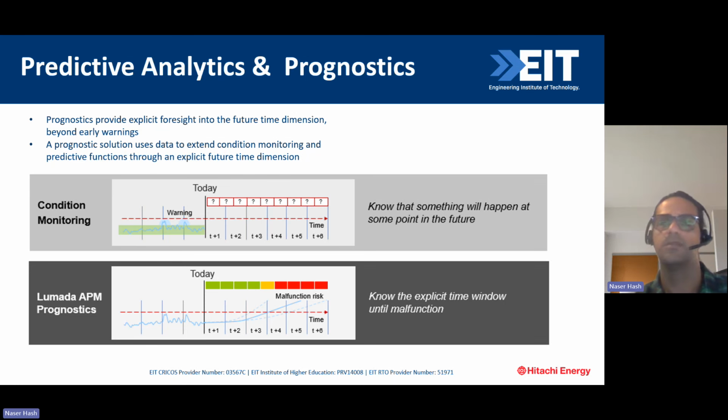However, condition monitoring is up to today, meaning that we can analyze the data and find out what's wrong with the equipment up to today. But because we have lots of demand, we can't shut down the equipment if there is something wrong with it at this stage. We want to see if we can run the equipment into the future.